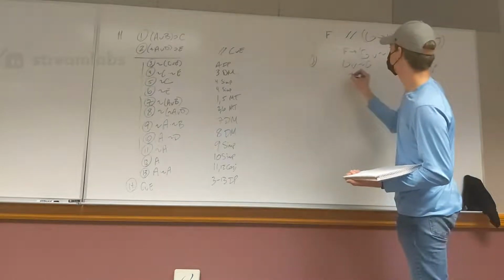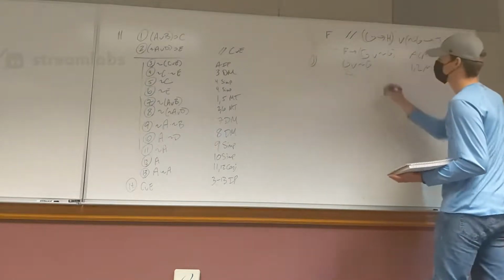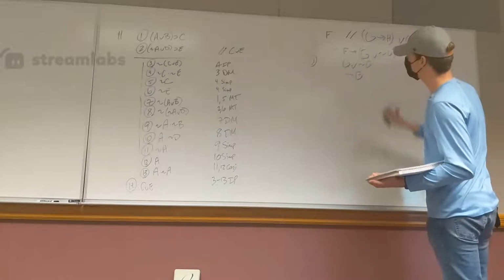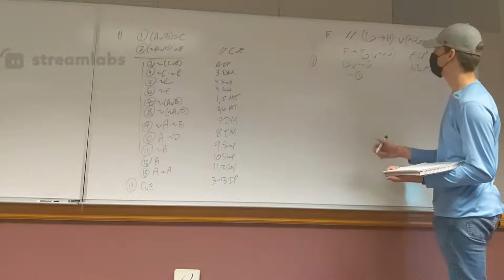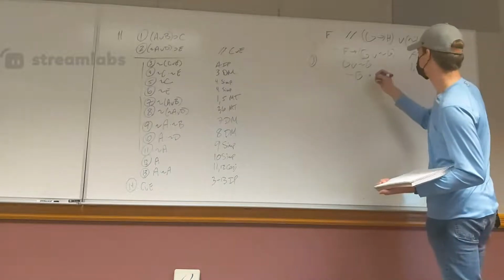And then would I assume again that G is correct? Like, can I do that? Yeah, you can do a conditional within a conditional assumption, like a pathway almost. Okay, G is correct.